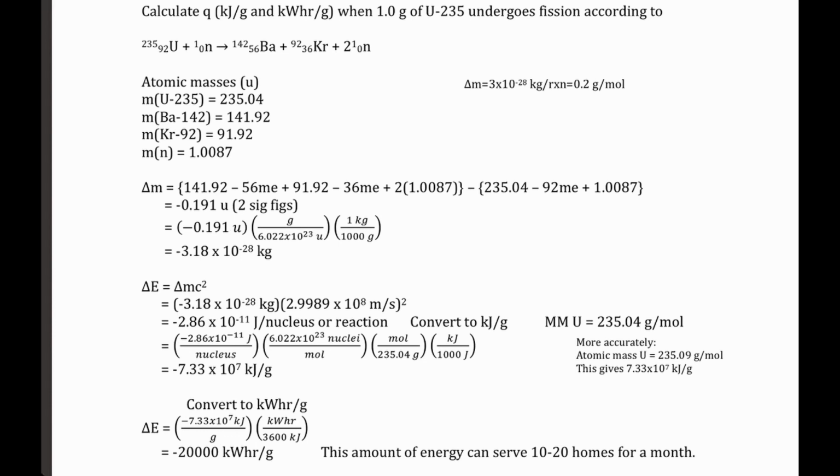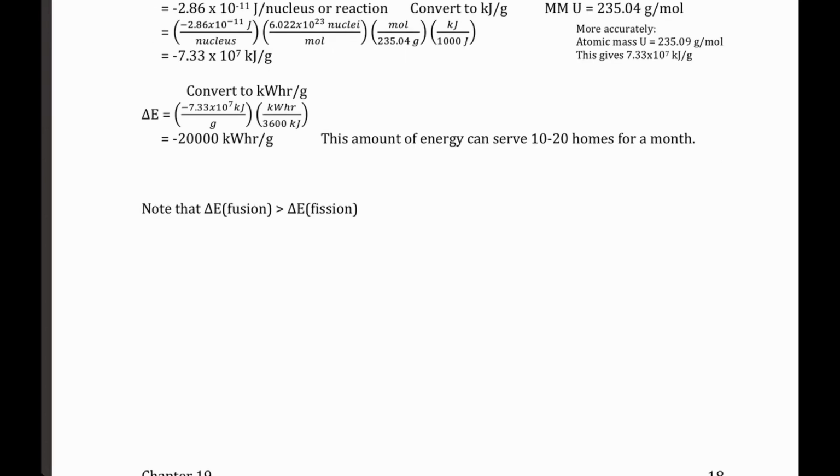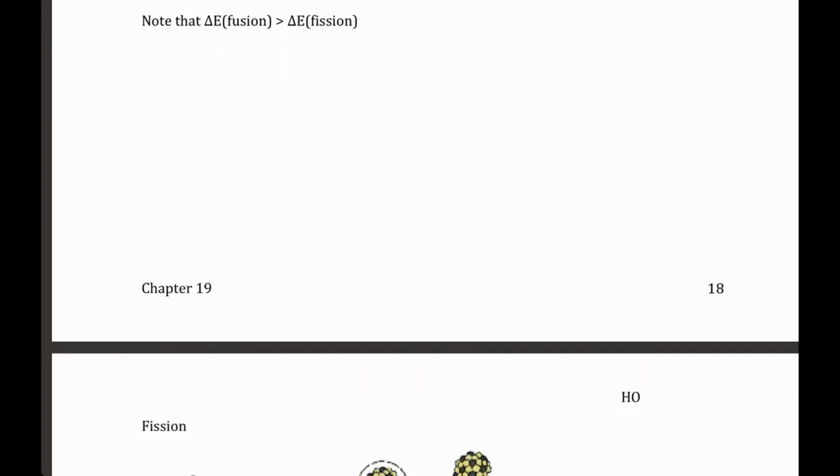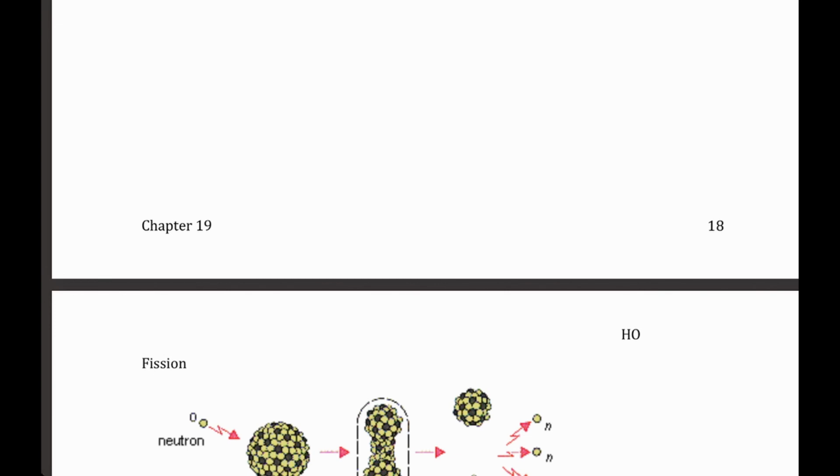So that turns out with a delta E of 20,000 kilowatt hours per gram. And that is approximately the amount of energy that can serve 10 to 20 homes for a month. So kilowatt hours, the problem had us convert to that simply because when we pay our PG&E bill, we're probably paying it in units of those kilowatt hours. And again, 1 kilowatt hour is 3,600 kilojoules. So that's how we could calculate delta E in that fission reaction.